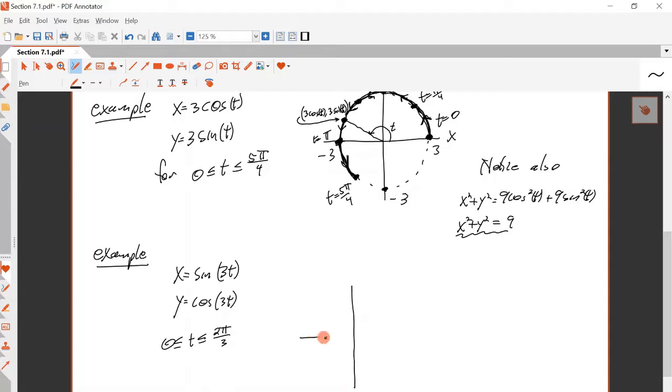So this time, x squared plus y squared is equal to 1. So we exist along the, let's do a little bit more than that. Let's say 0 is less than or equal to t is less than or equal to pi.